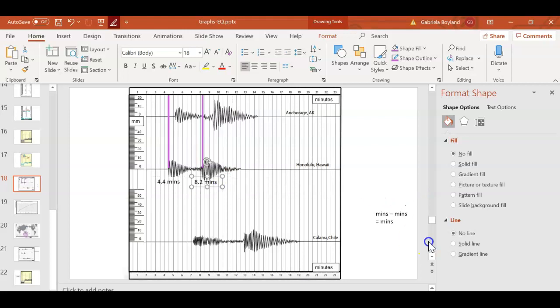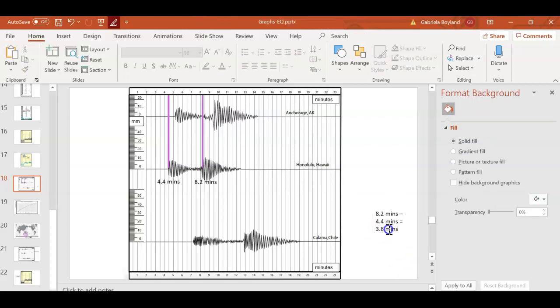Now, in order to determine the difference in time between the secondary wave arrival and the primary one, we say 8.2 minutes minus 4.4 minutes gives us, hopefully you can do this in your head, but if you can't, you can use a calculator, 3.8 minutes.